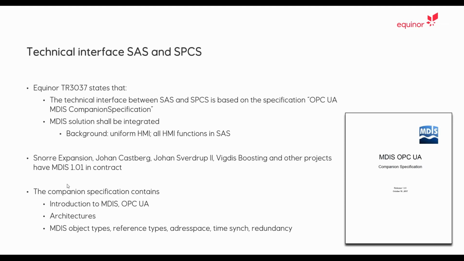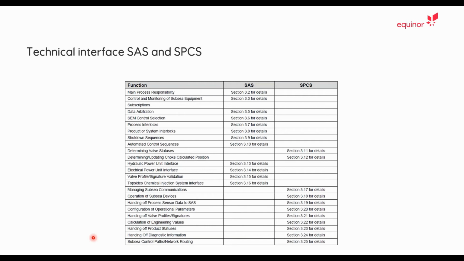The companion spec contains an introduction to MDIS, an introduction to OPC UA, and it shows the different architectures. As mentioned, we are looking at the integrated solution as a base case, and the companion spec also contains a description of the different object types, as Paul was into. So how do we split up the scope?